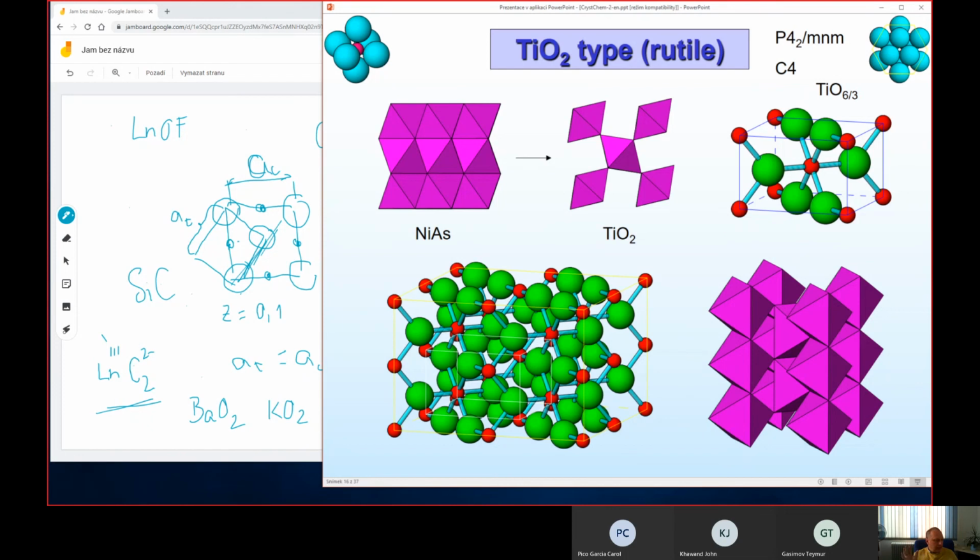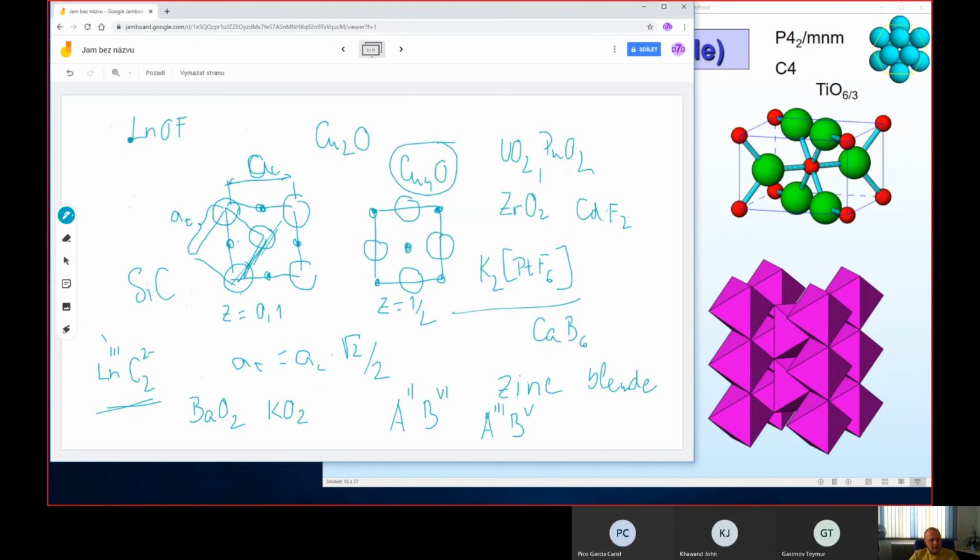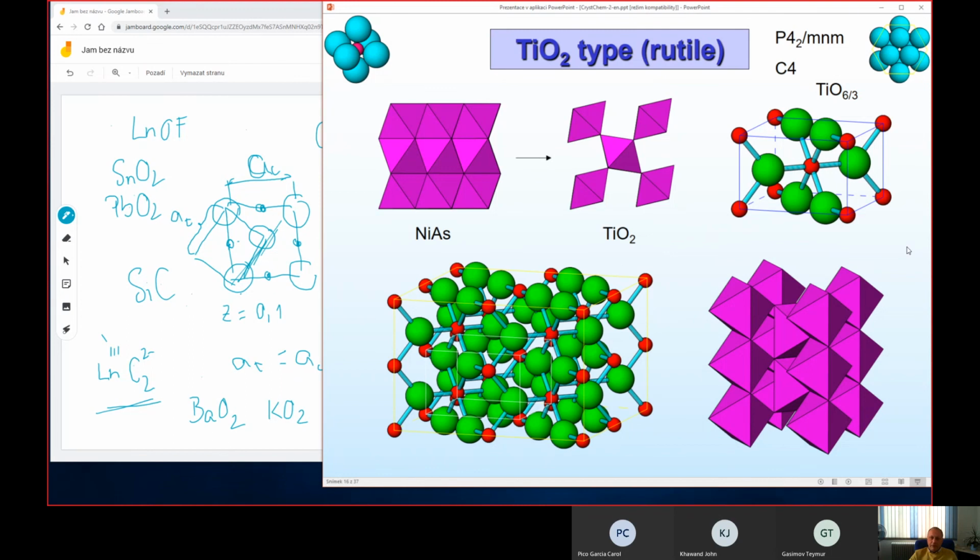A distorted structure of this type is also observed for tin dioxide and lead dioxide, so SnO2, or a distorted form of this, PbO2, and so on. So rutile is a quite frequent structure type.